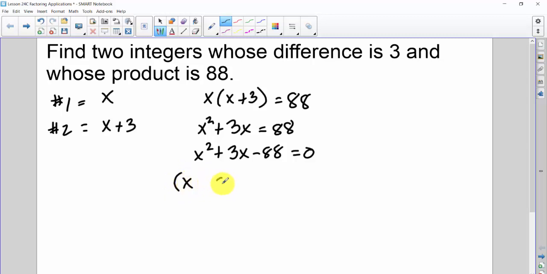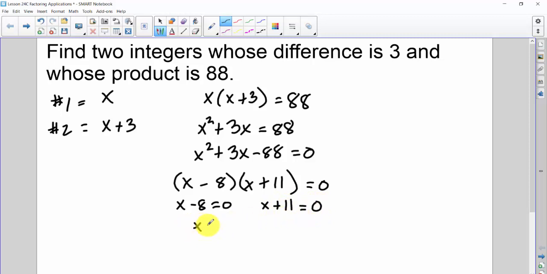That's 8 and 11. And I need that 3 to be positive, so the 11 will be positive and the 8 negative. Therefore, x minus 8 is equal to 0 using the zero product principle, and x plus 11 is equal to 0. x equals either 8 or x equals negative 11.